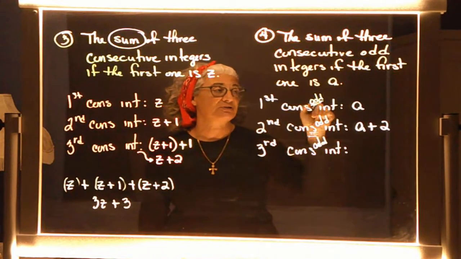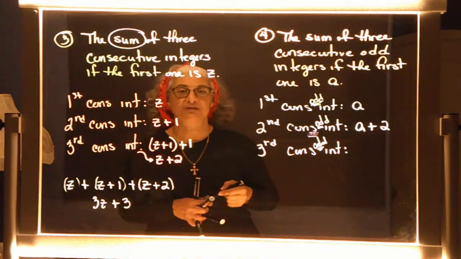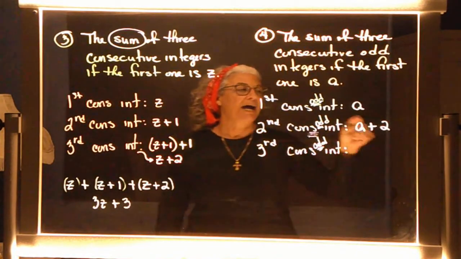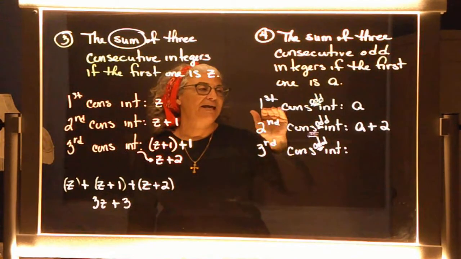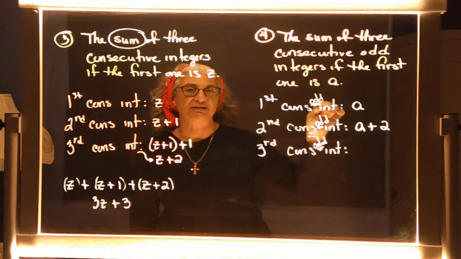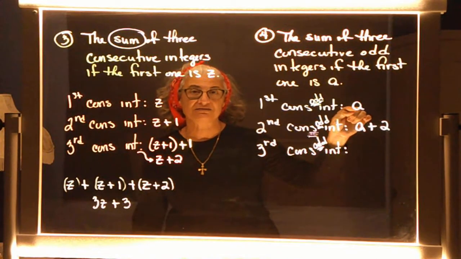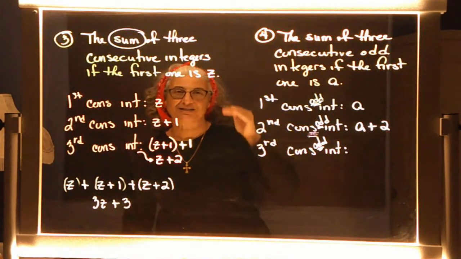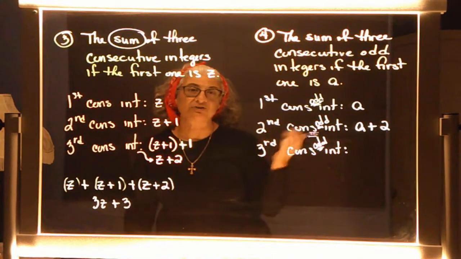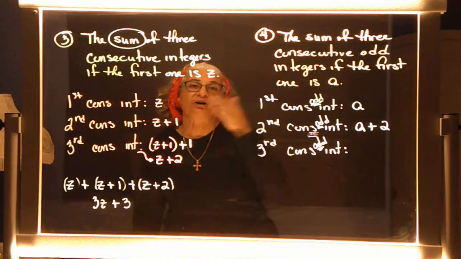I need to put this word odd in here to keep my brain on track. So sorry about that. Put that in your notes. I know A plus 2 looks even, but we specifically said A was the first consecutive odd integer. So if A is 27, then 27 plus 2 is, right, 29. So it's still odd. I don't care that I added 2. It's still odd because I add 2 to get from one odd to the next.